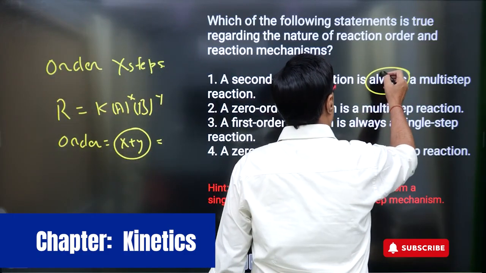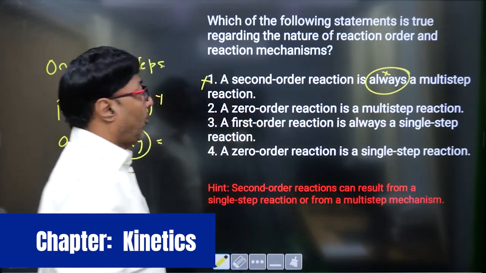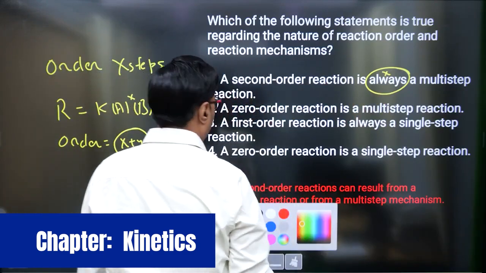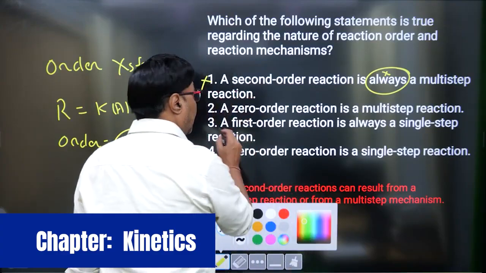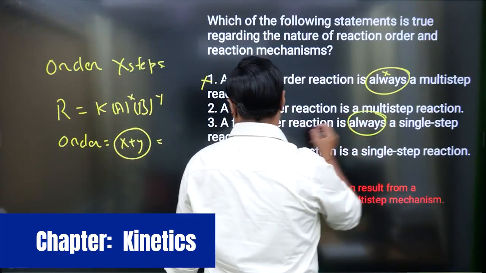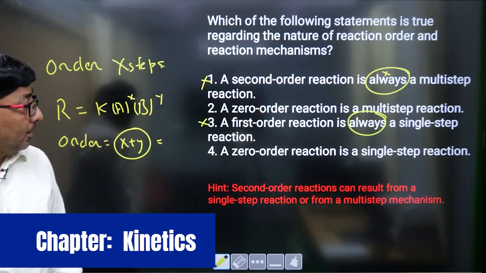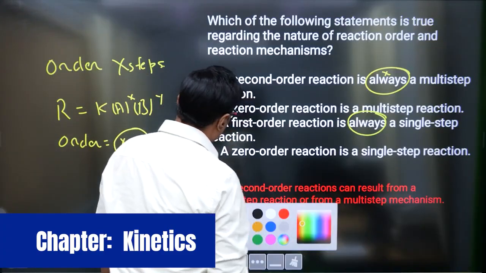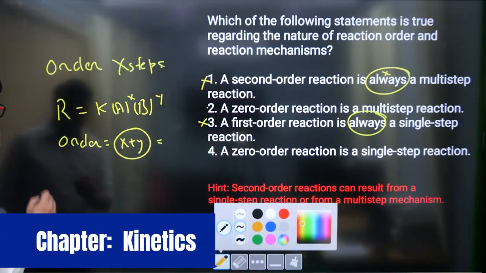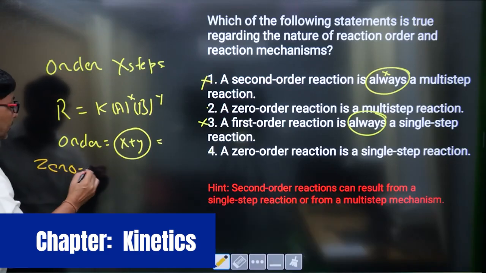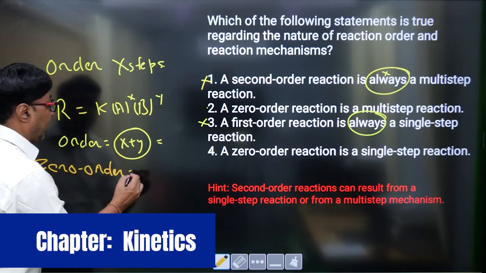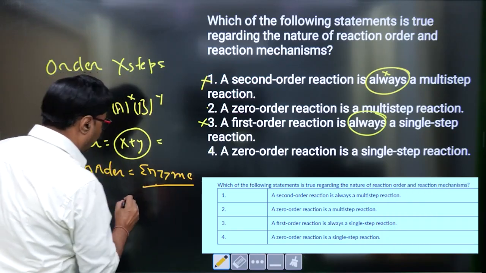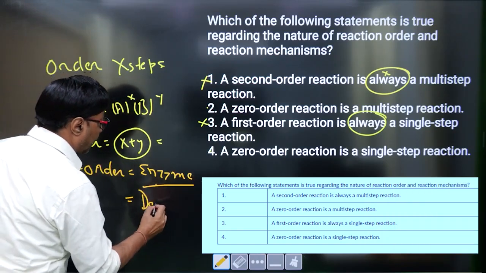Because of the word always, this option came out of the race. Now in option number 3, once again the word always is there, so it also came out. Now in option number 2 and 4 there is no always word. We need to focus. If it is a zero order reaction, it is basically an enzyme based reaction, or the decomposition of a gas on a metal surface.